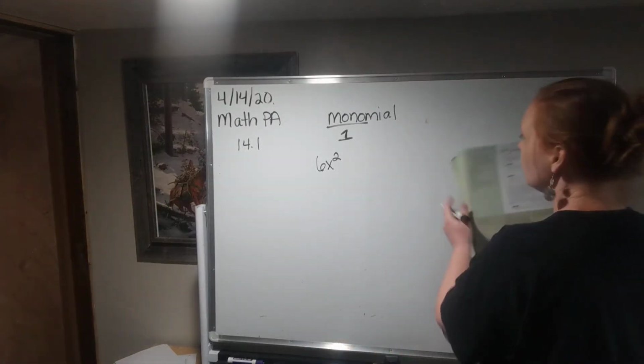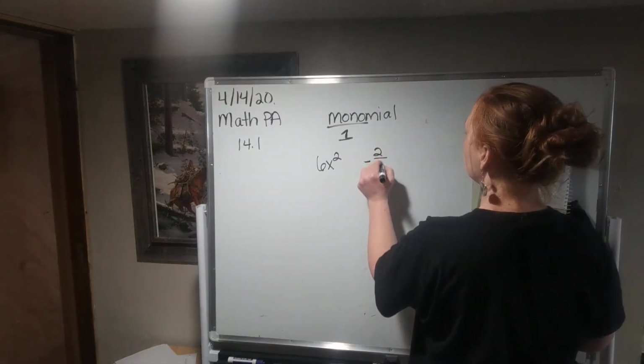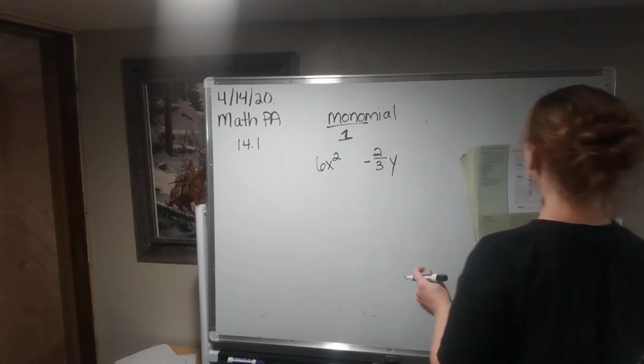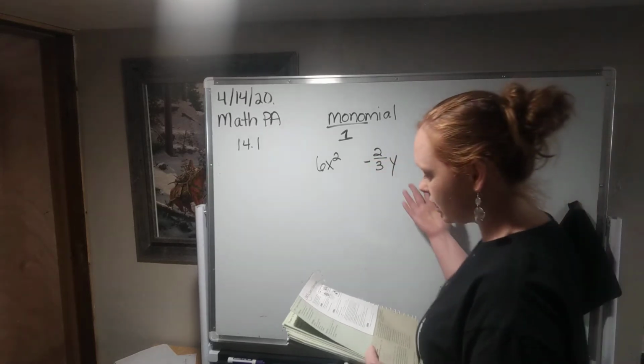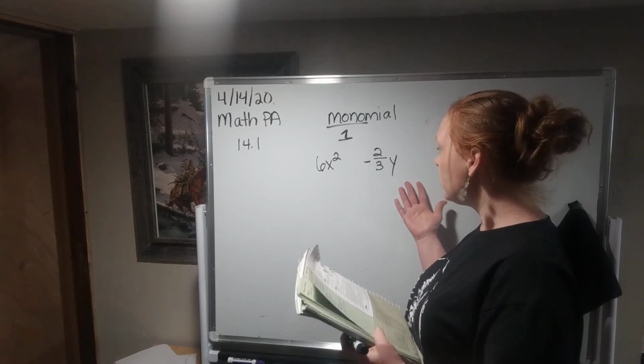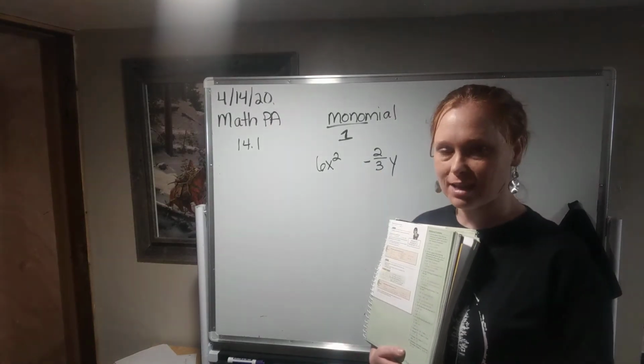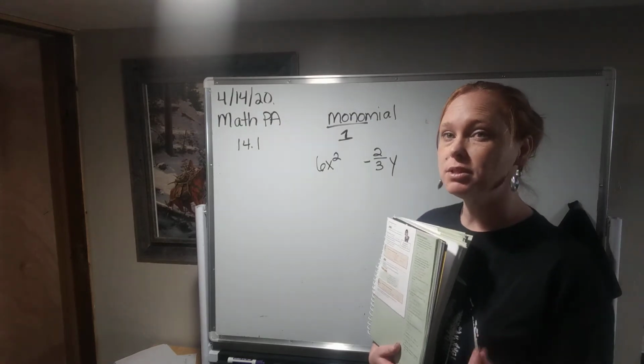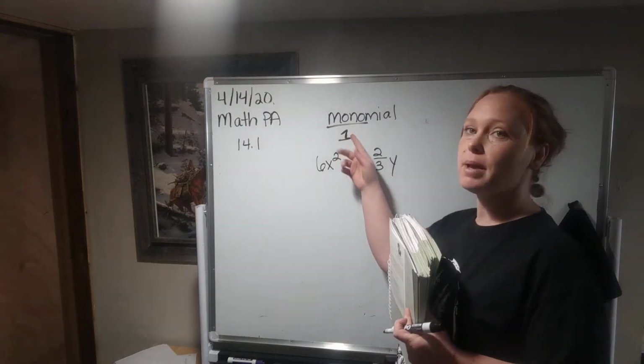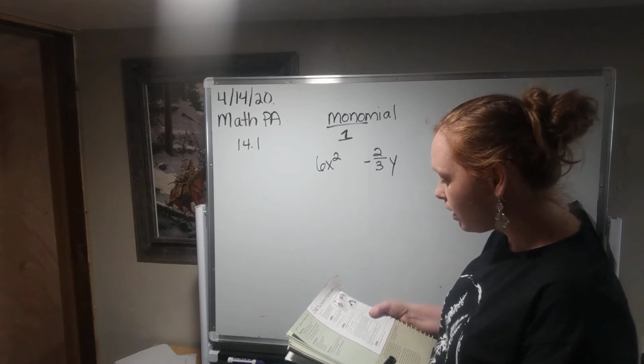Now, negative 2/3 y, and you can look at some of the other examples of the monomials, okay? Notice that this is a negative number, but it's not an addition or subtraction sign in between terms. That's what's going to separate and change it from a monomial to a polynomial.